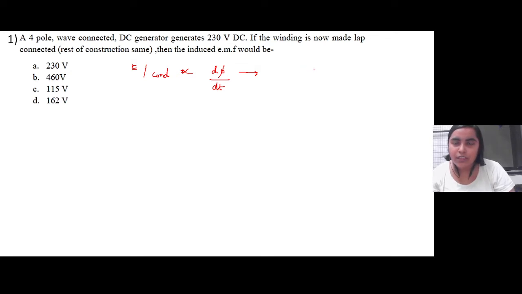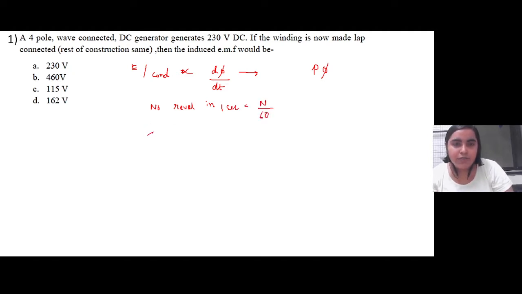So d phi can be written as the poles, the magnetic poles, which in this case is 4, times phi, and the number of revolutions in 1 second is given by n by 60, right?